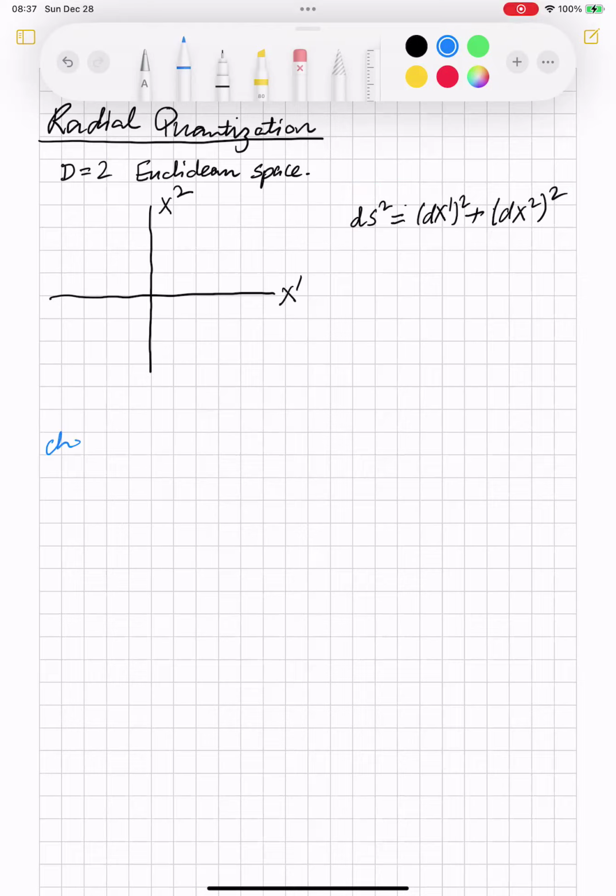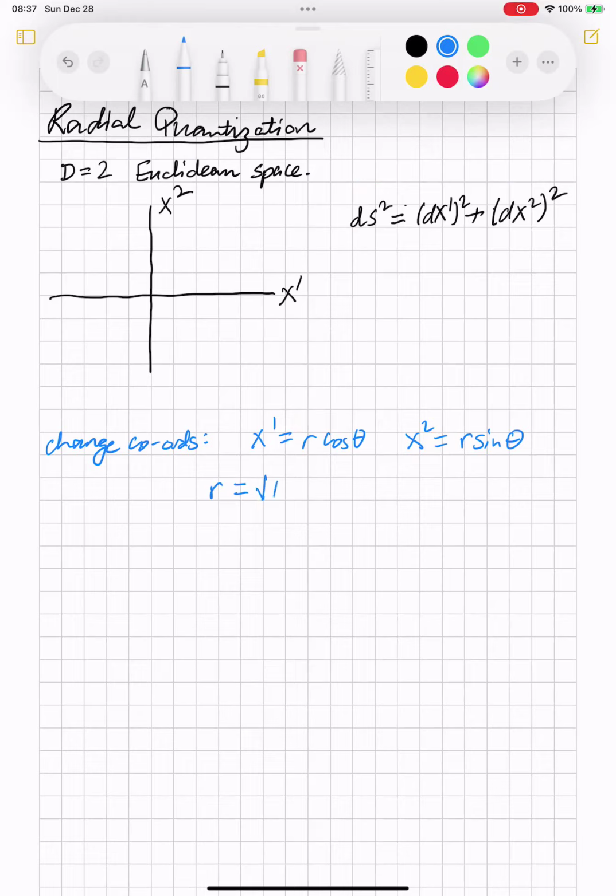And in fact, this is a change of coordinates that you will have done many, many times in your life. So let's take x1 to be r cosine theta and x2 to be r sine theta. So we're swapping x1 and x2 for a radius and an angle. And you know the inverse mapping.